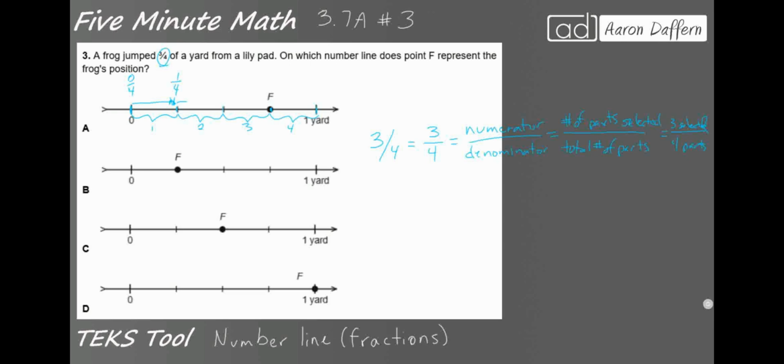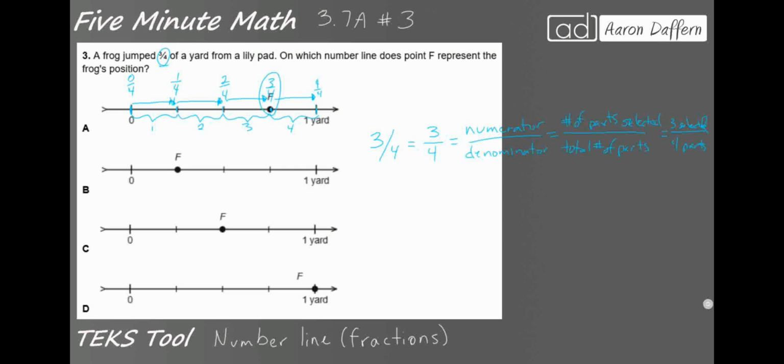Then I'm going to go another distance to that other line, and now I have completed 2/4 of my distance. I'm moving and it's 3/4. Then if I keep going all the way to the end, I'll have gone the entire yard, 4/4, which makes a whole. Well, look, this very first one, A, is the 3/4 I'm looking for.